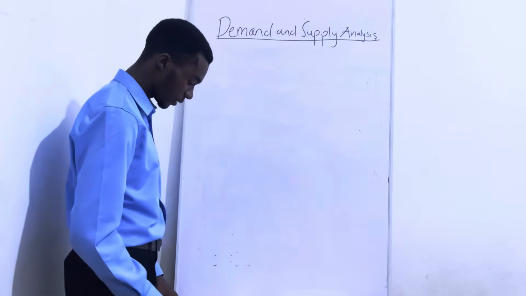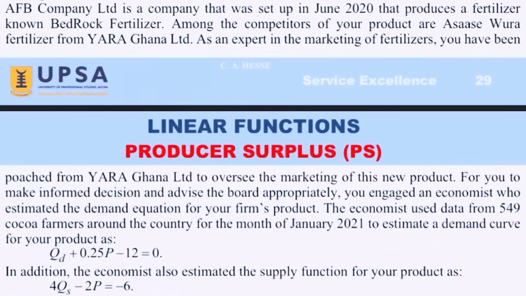It says AFB Company Limited is a company that was set up in June 2020 that produces a fertilizer known as Bedrock Fertilizer. Among the competitors of your product is Asaseria Fertilizer from Yara Ghana Limited. As an expert in the marketing of fertilizers, you have been poached from Yara Ghana Limited to oversee the marketing of these new products.